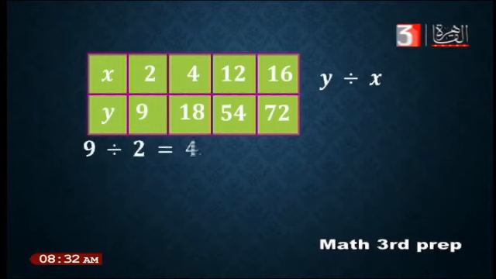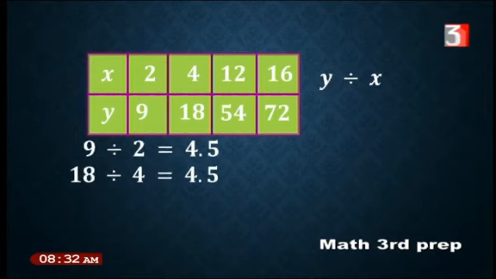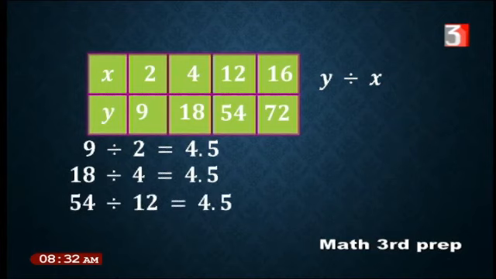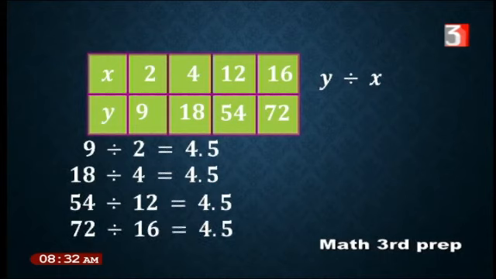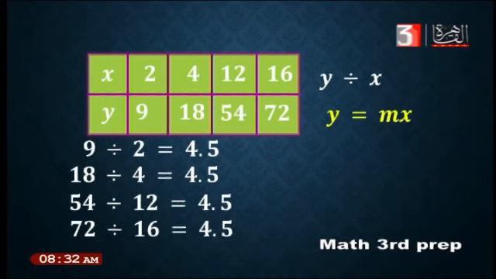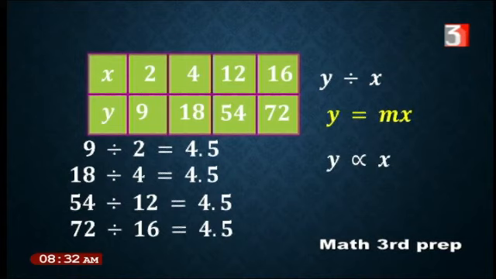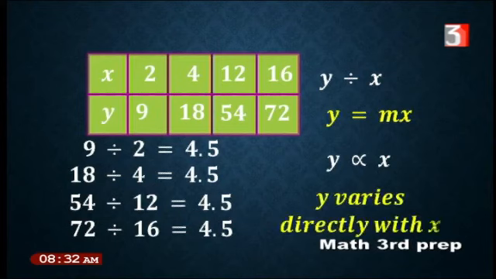Look, 9 divided by 2 equals 4.5. 18 divided by 4 equals 4.5. 54 divided by 12 equals 4.5. And finally, 72 divided by 16 equals 4.5. And in this case, we can say that y equals mx, as y varies directly with x, and this variation is direct variation.